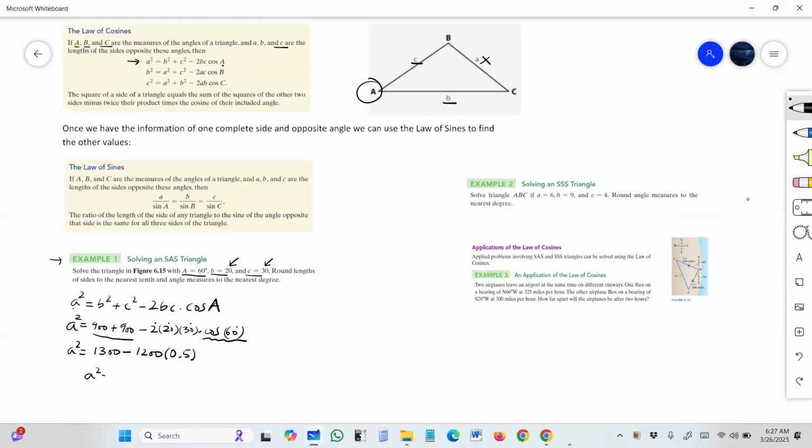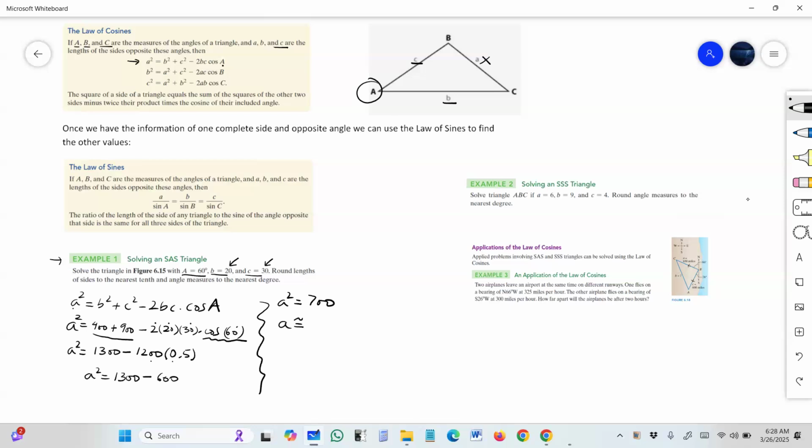And now A squared is 1300 minus 1200 times 0.5, which is obviously 600. So the result is obviously 700.